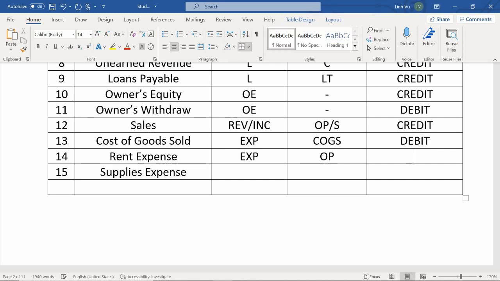And what kind of balance would that have? A debit? A debit, yes.